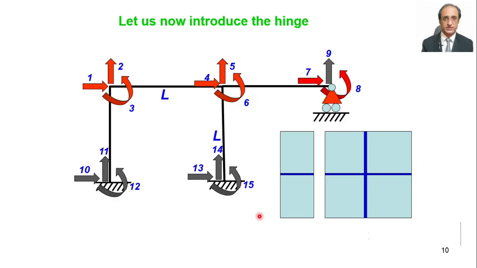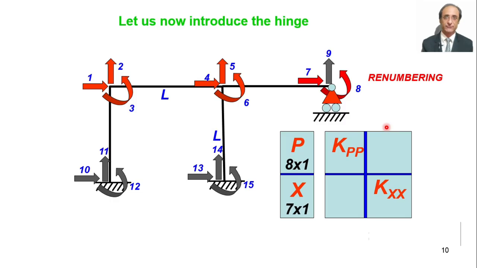So now what has changed is that, as compared to the previous two scenarios, KTS has again not changed. This renumbering has only changed P and X and the partitioning. So KTS on the whole has not undergone any change. We have the size of P 8 by 1, X 7 by 1, KPP and KXX 8 by 8 and 7 by 7 respectively.